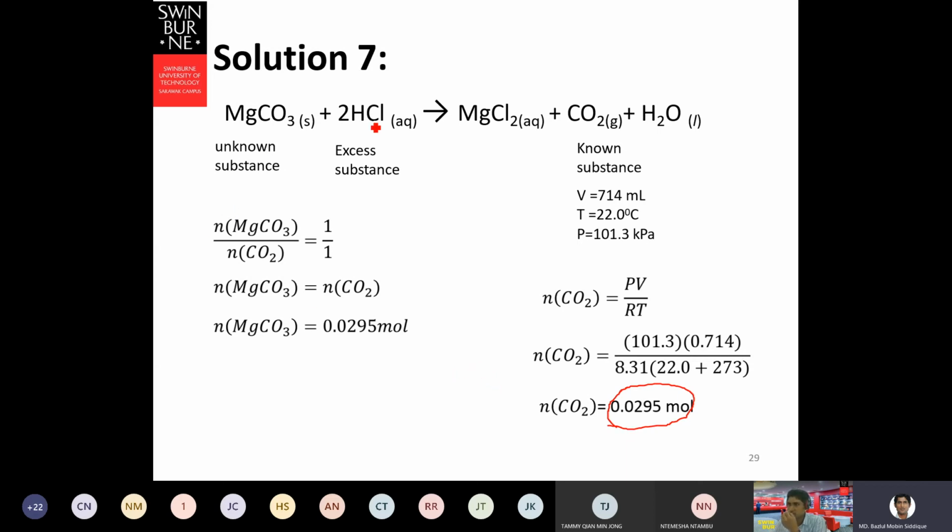And since it is a 1:1 reaction, it will be exactly the same number of moles of magnesium carbonate.